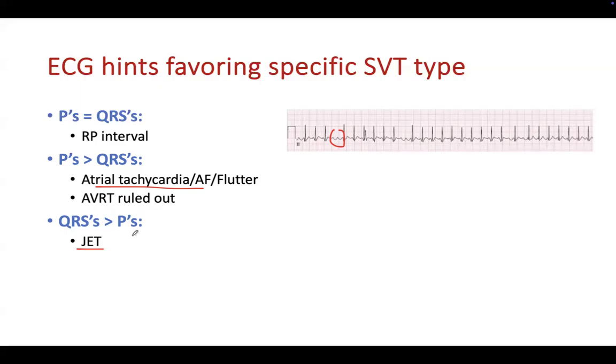So you have a supraventricular tachycardia, but coming from the AV node. Usually it's more QRSs than Ps, but it also could be 1-to-1.